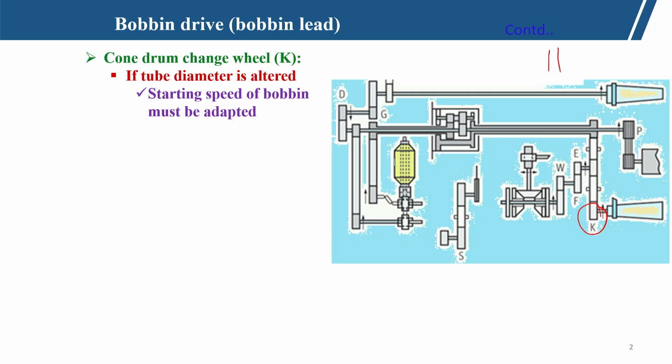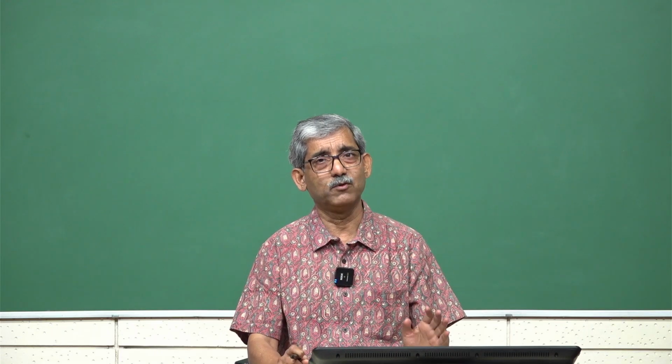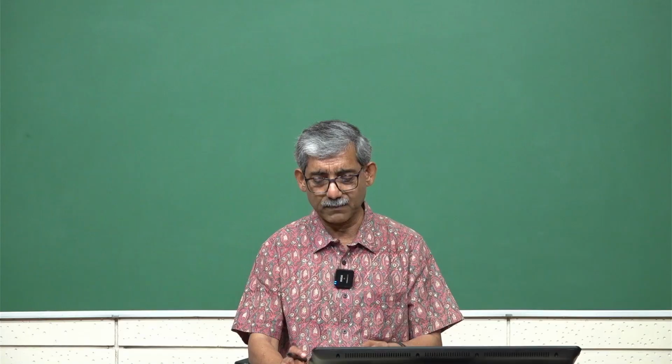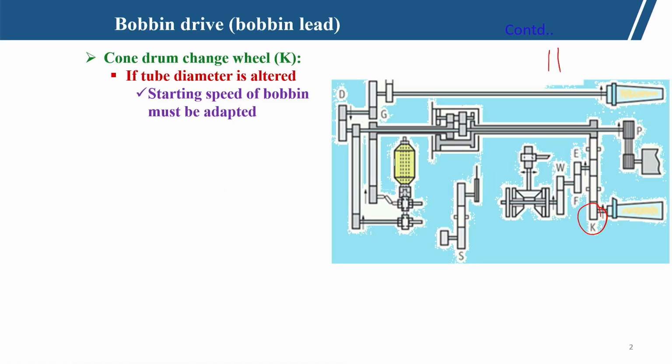So, starting speed also changes. If it does not match, then there will be breakage, because the winding speed will be different. So, the system will get disturbed, and to alter this we have to change the K value, that is cone drum change wheel.